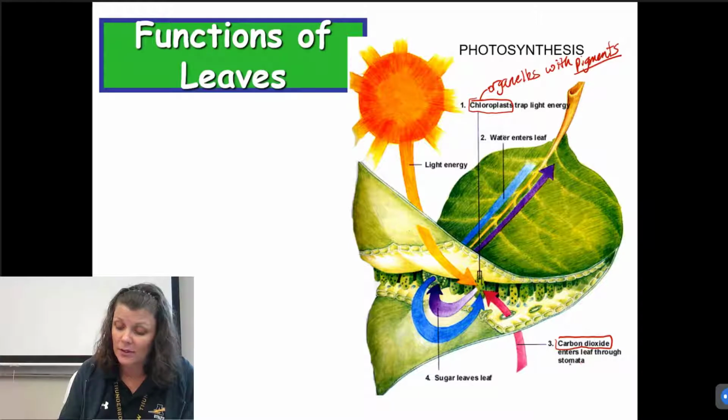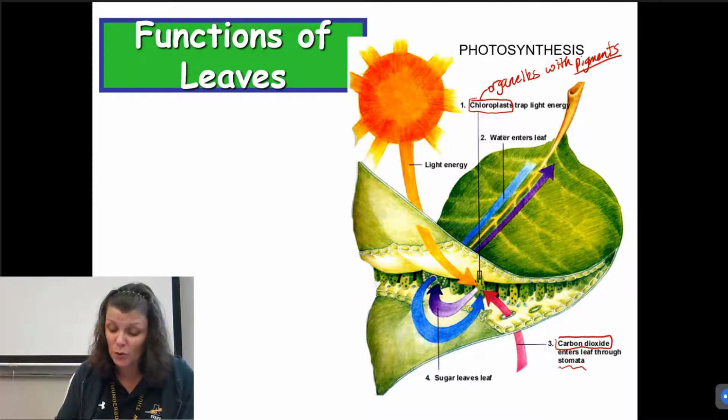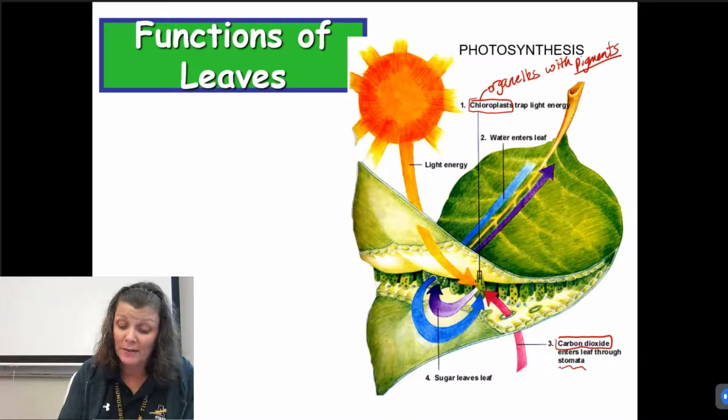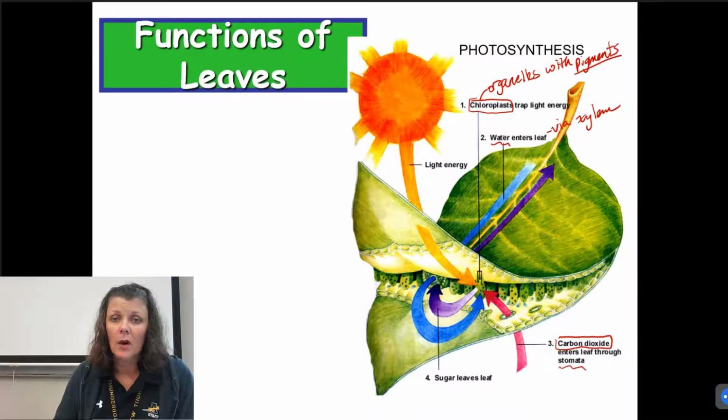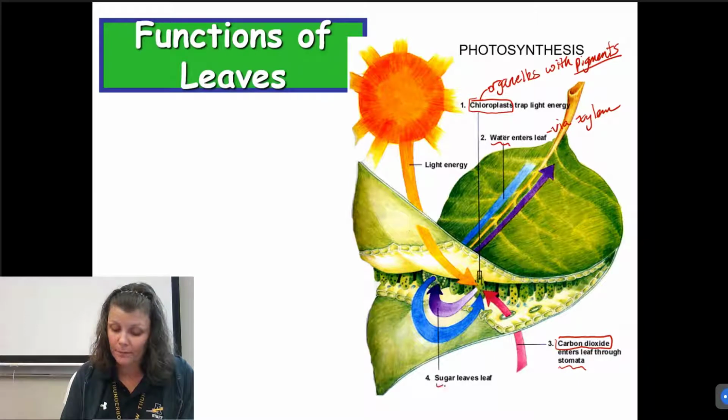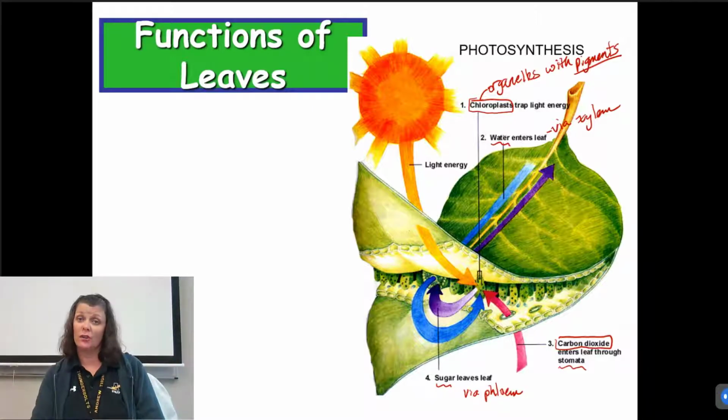Carbon dioxide comes in through the stomata, so you see the arrow coming in. Water is required for this process, and the water enters the leaf via the xylem. Once we make our sugars, the sugars are going to leave the leaf via the phloem to travel throughout the plant and be shared or stored, depending on how much food the plant needs in order to grow and survive.